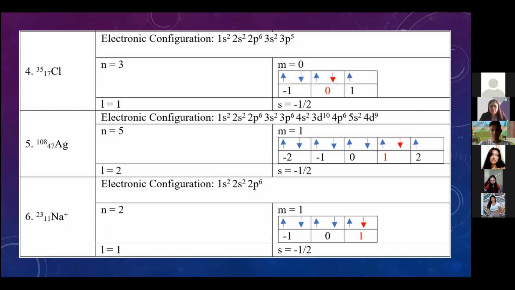Now moving on to the magnetic quantum number, or the orientation of the orbital in space, we use this box as a guide to determine the magnetic quantum number. Why did we draw 3 boxes? Since our last letter is p and its number of orbitals is 3, we will draw 3 boxes.